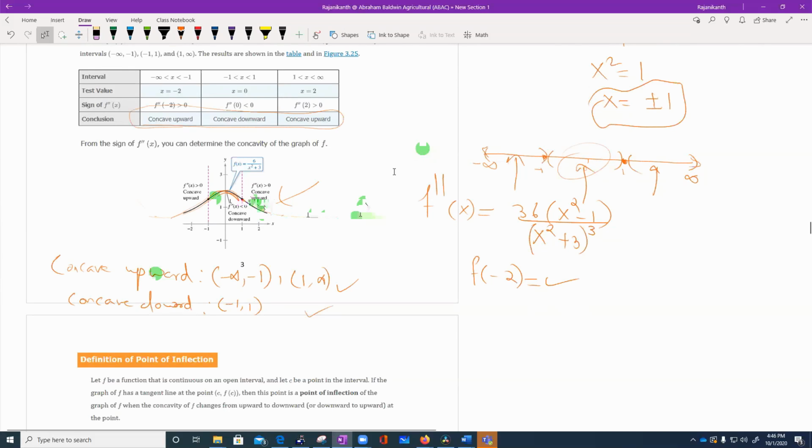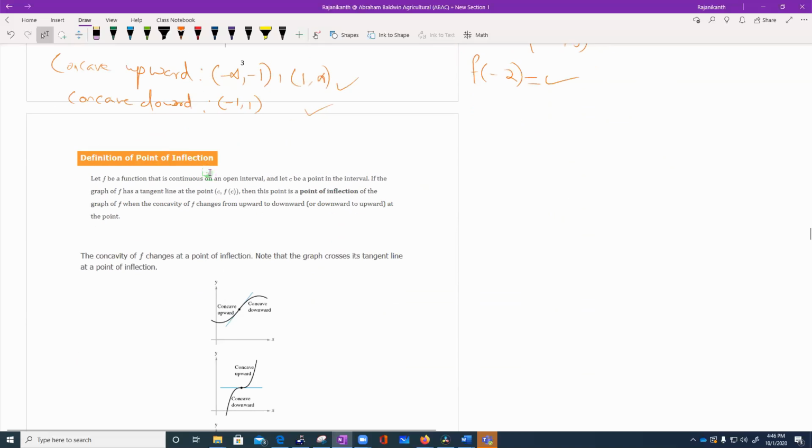So, that is there. Now, one more definition. This is about the point of inflection. What does inflection mean? Inflection is a point where the concavity changes. Concavity trend will change at that point. Beyond that point and before that point, you will have two different concavities. So an inflection point always will change the trend of the concavity. Okay.